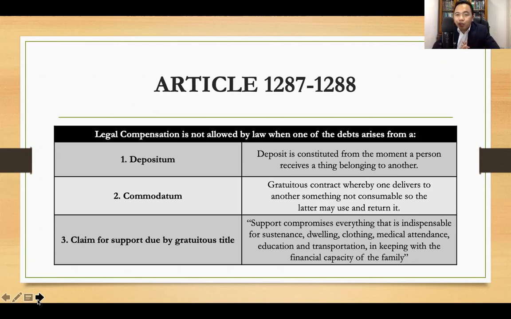Iba naman yung deposit or bank deposit. Ang bank deposit, pwede dyan magkaroon ng legal compensation as decided by the Supreme Court. Why? Kasi in a bank deposit, the depositor is considered as the creditor of the bank. There is a debtor-creditor relationship between a depositor and the bank. Kaya nga pag nag-deposit ka sa banko, you are said to be a creditor of the bank. Ikaw ang pinagkakautangan ng bangko.